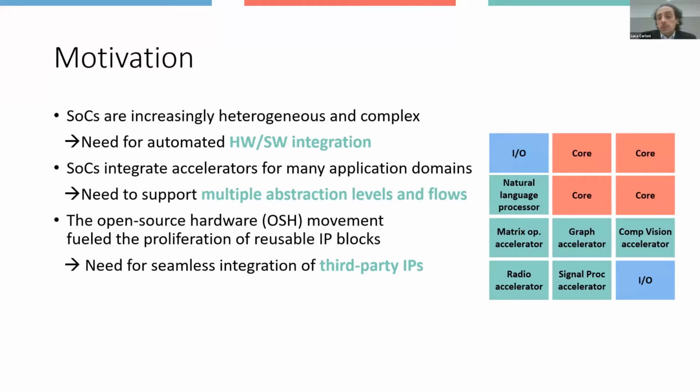But next to the multiple general purpose processor cores, you have a variety of engines, some programmable, some configurable, and increasingly specialized hardware accelerators, which provide better performance for particular computational kernels that are very important, compared to executing in software. So the fact that you have all this variety of components complicates the design effort and the programming effort.